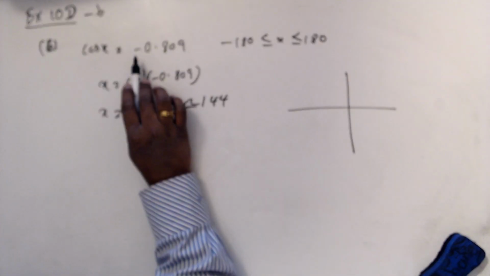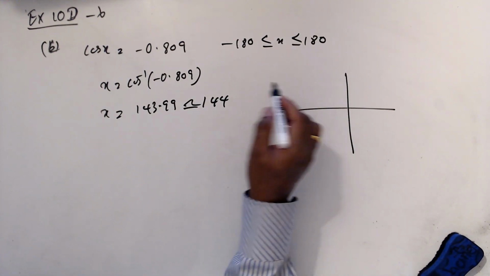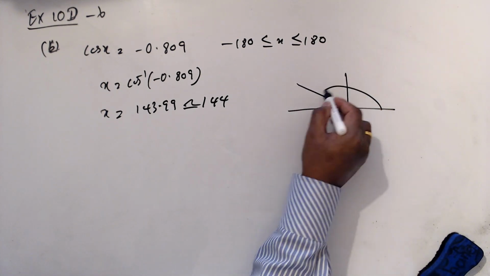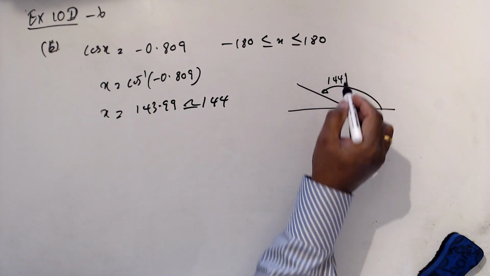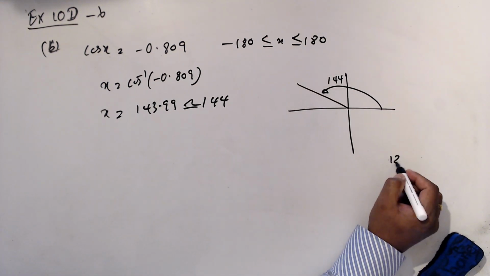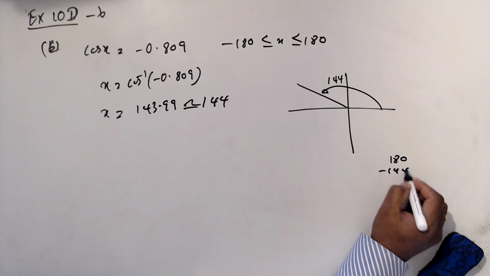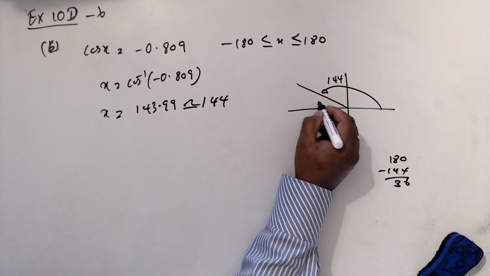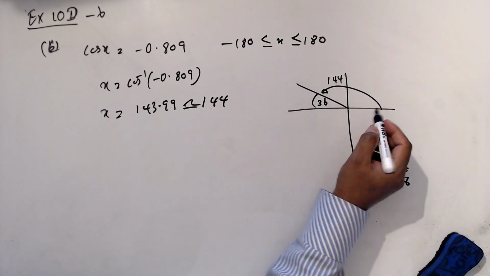So cos is negative. Okay, 144 is in which quadrant? Second quadrant. So this is 144. So 180 minus 144 means 36. Now we found the acute angle.